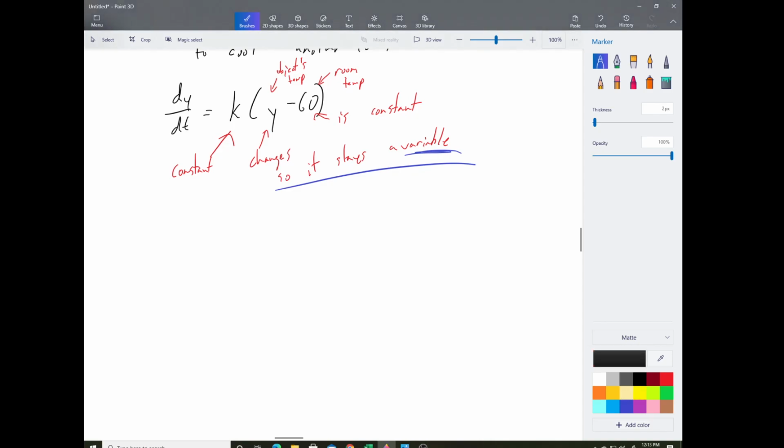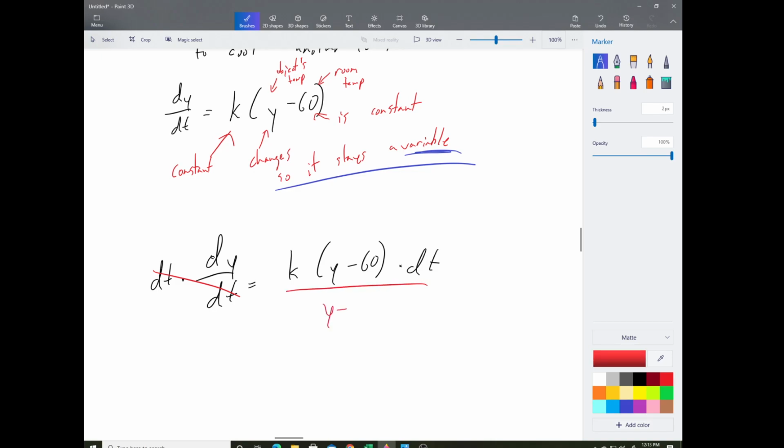All right. So what we're going to have here is dy/dt equals k times (y minus 60). We want to have our y's on the same side, so I'm going to multiply my time differential over to my other side. And I'm also going to divide by my term that has y.